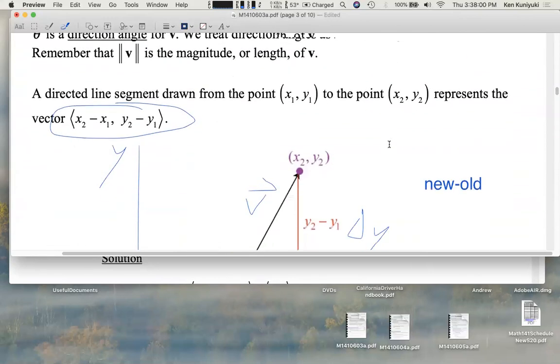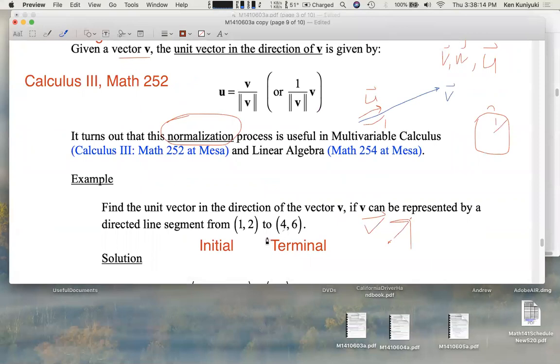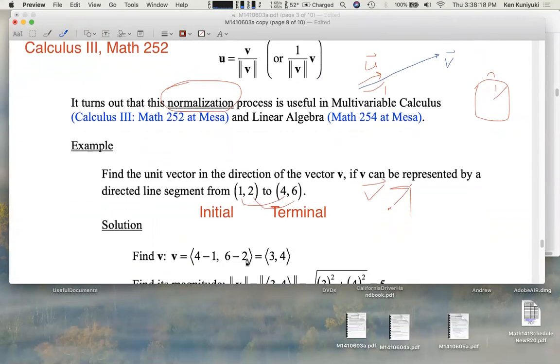Here we go. You're given 2 points. Find the component form of the vector corresponding to the arrow that takes you from the initial point to the terminal point. And again, it's new minus old. 4 minus 1 is 3. 6 minus 2 is 4. So the vector V is 3, 4. It's a quadrant 1 vector.